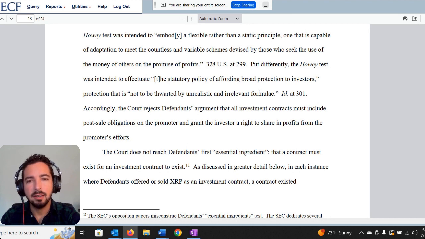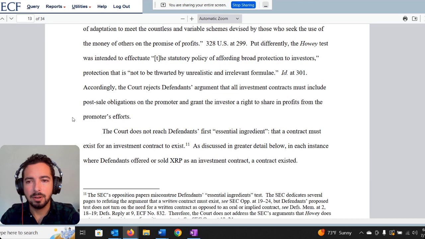So again, I read this to mean there's going to be con artists out there that are going to figure out ways to outsmart investors, even if we have a bright line test. So it's not supposed to be bright line. It's supposed to be broad and murky on purpose. I hate that, but that's just what the court is saying.